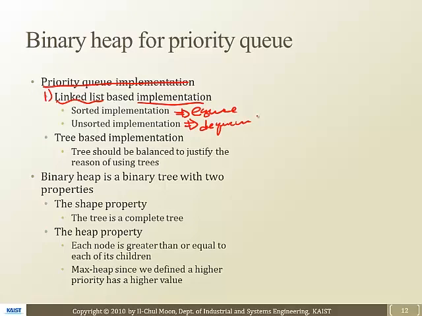So it means that the linked list itself is not sorted when it was stored, right? So it's being called unsorted implementation. And this part is going to discuss the tree-based implementation, which is going to be called, in specific, binary heap, right?